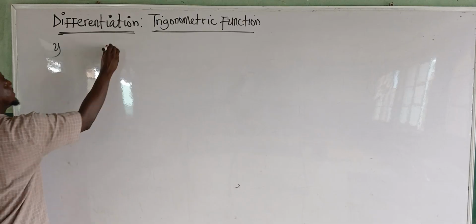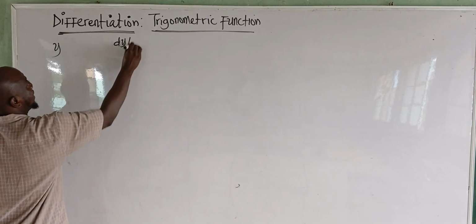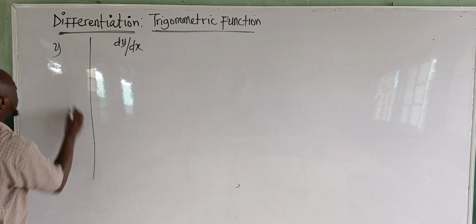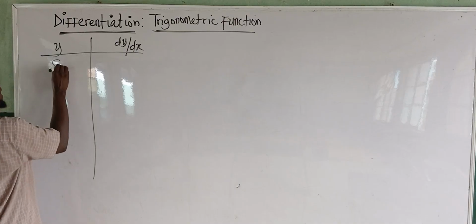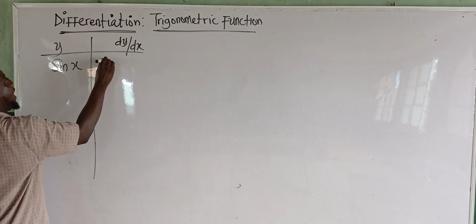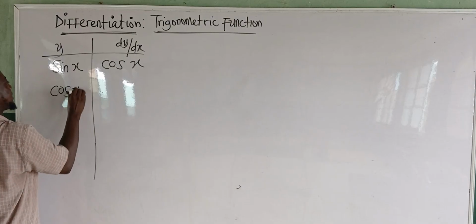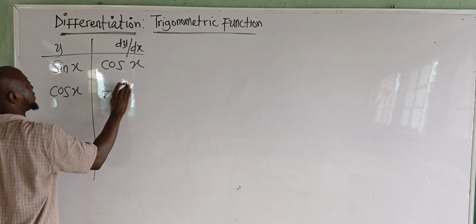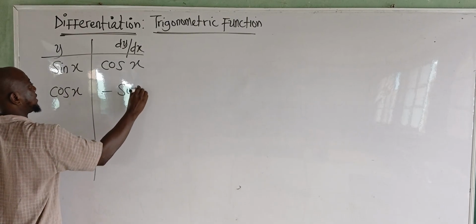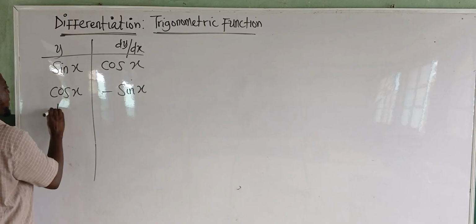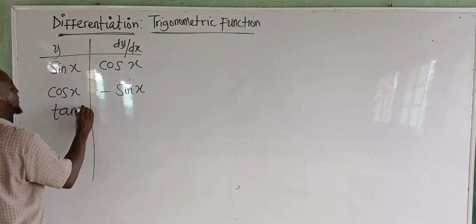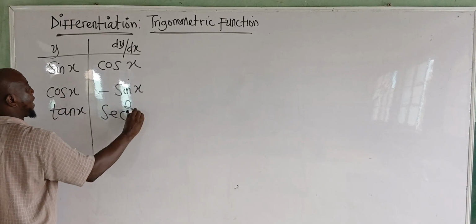If I have sine x here, I will have cos x here. If I have cos x here, I will have minus sine x here. If I have tan x here, I will have sec square x.